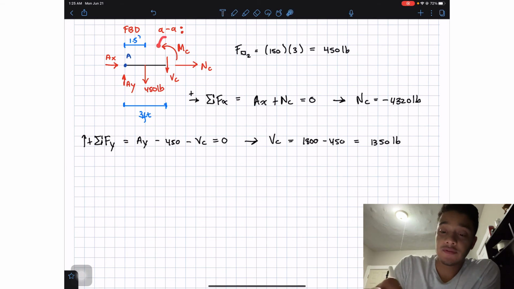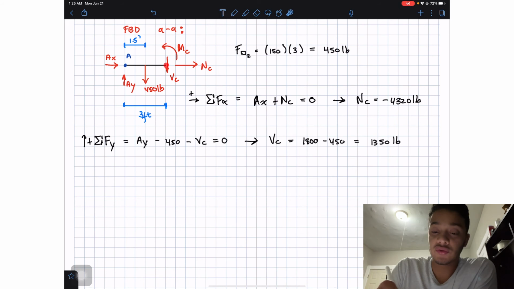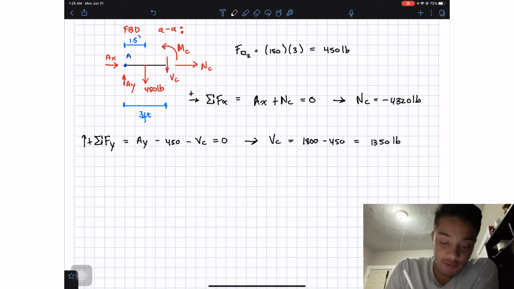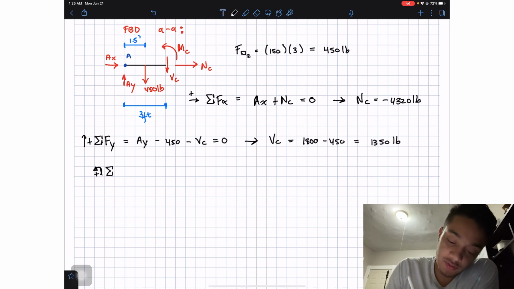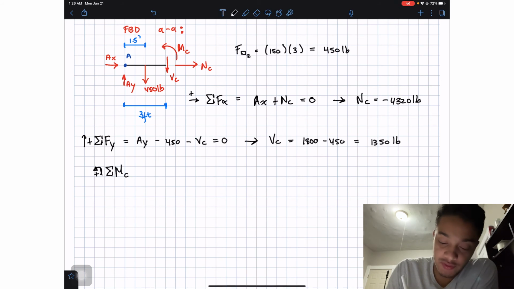Okay, and the last one that we need to find is this MC, and in order to do that, we're going to do the summation of moments around my point C, so we don't have to worry about VC nor NC. Assuming that going counterclockwise is positive, we apply the summation of moments around my point C. Well, AX doesn't contribute to anything.